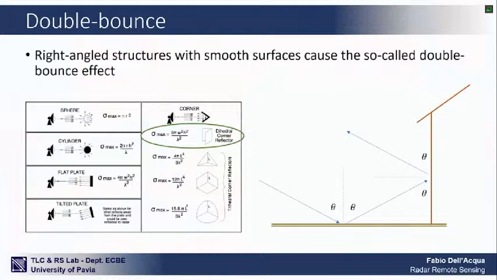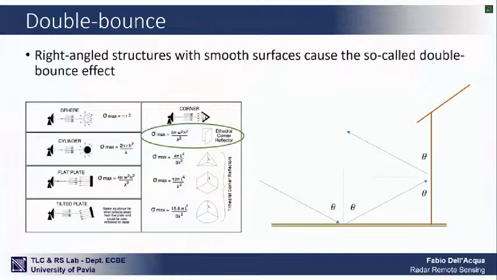Okay, and then there's the shape in a more general sense. I already discussed this, but there are other cases where you have smooth surfaces, and for example, this is a so-called dihedral structure, right?